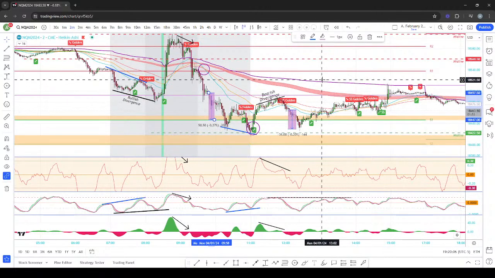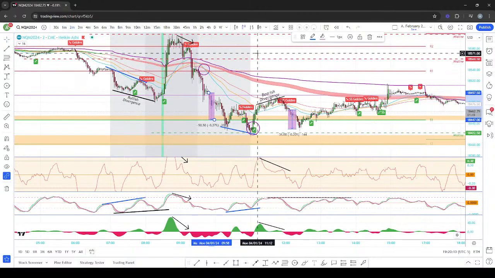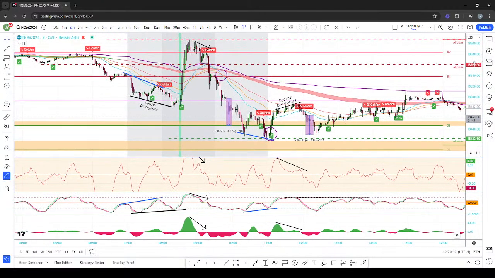So it's really good to learn these patterns and look at different patterns in the market, because we do see these patterns over and over again. And like I said before, in and around the New York Open, you do get a lot of nice divergences in here.